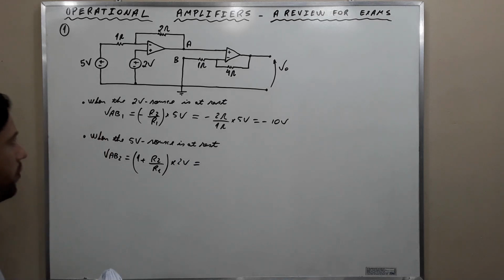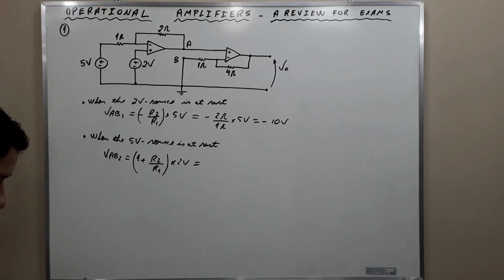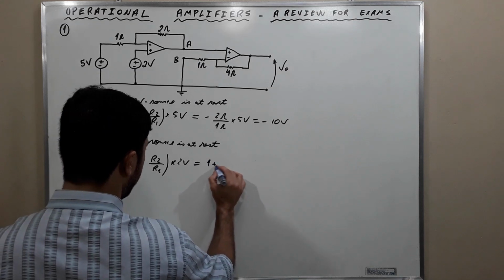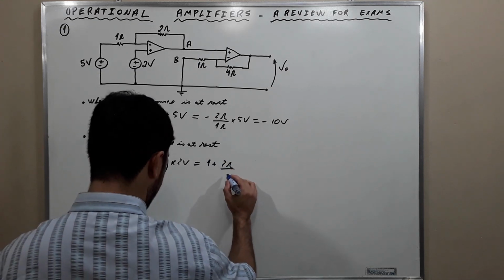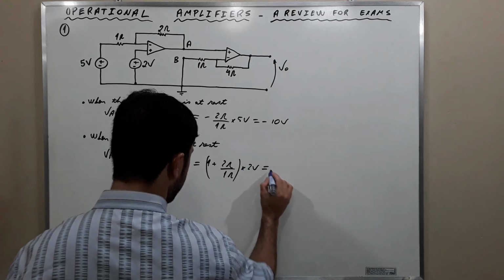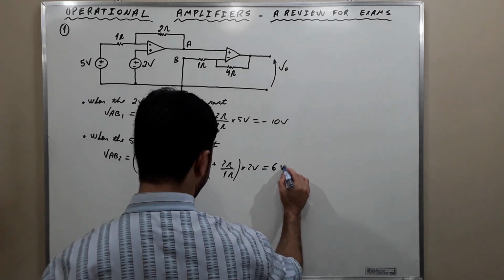Remember that this is R2 and this is R1. When we substitute, we find 1 plus 2 ohms divided by 1 ohm times 2 volts, and this is equal to 6 volts.